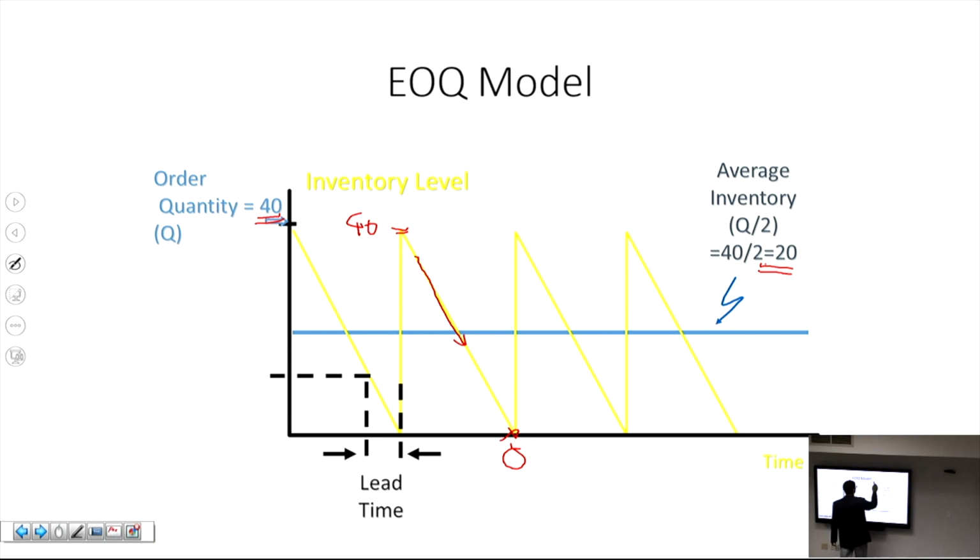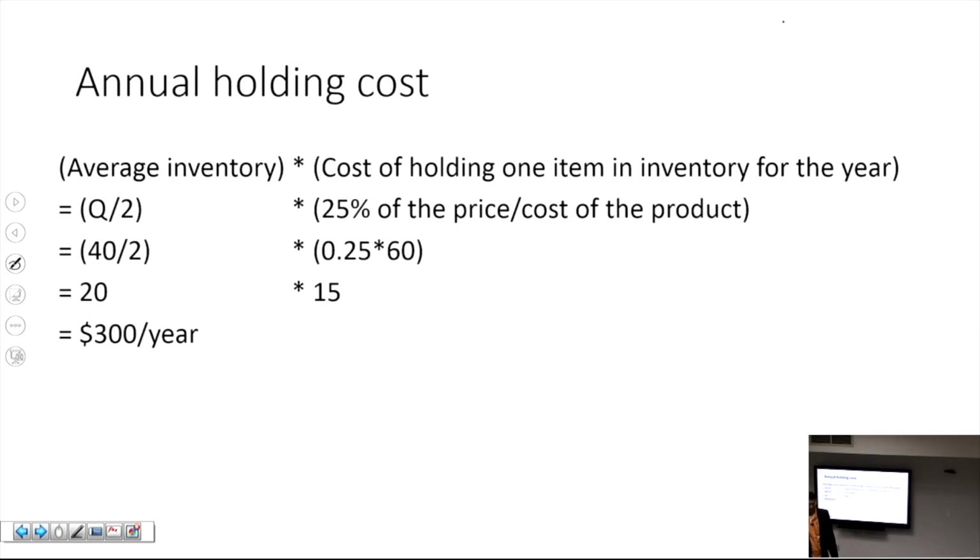You can think of the way we arrive at this as taking the maximum inventory plus the minimum, and the average of these two. It so happens that the maximum is 40, minimum is 0, so you get an average inventory of 20. And you are essentially going to incur inventory holding cost on 20 units, okay?